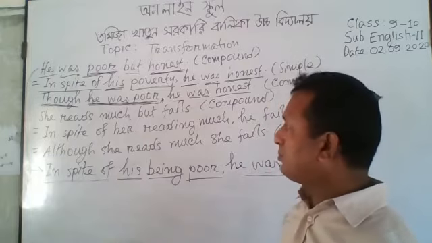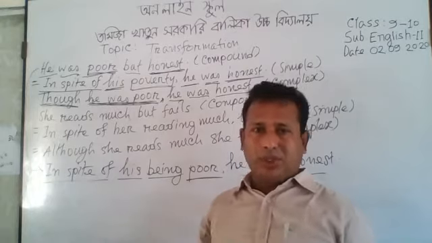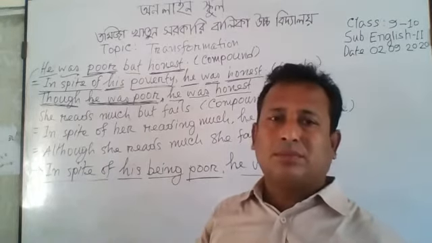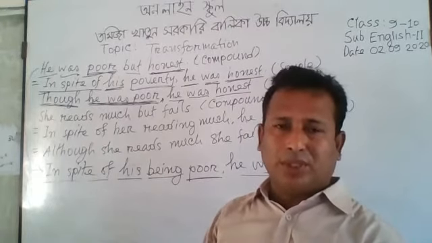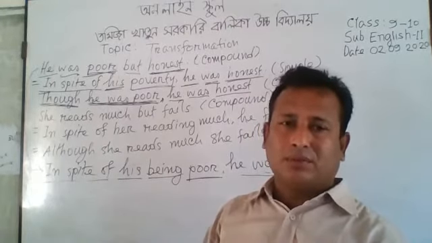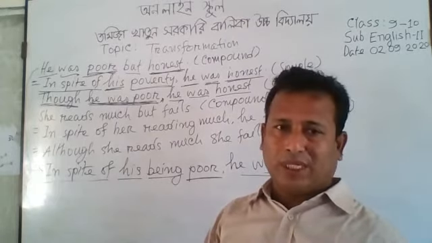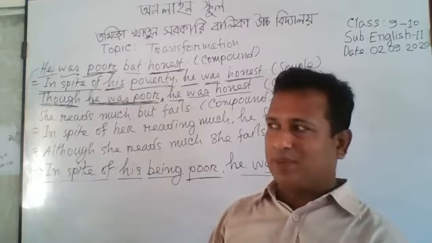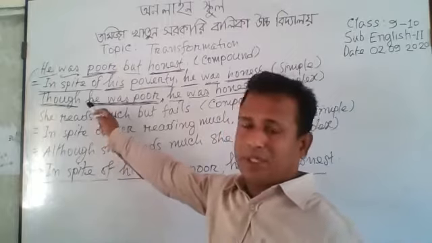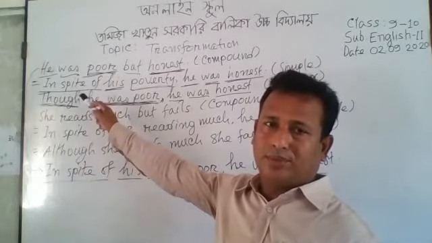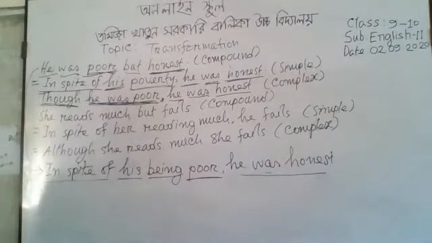Look again. If you wish to change the compound sentence with but, and if both clauses have the same subject, at first you will use though or although before the first clause.